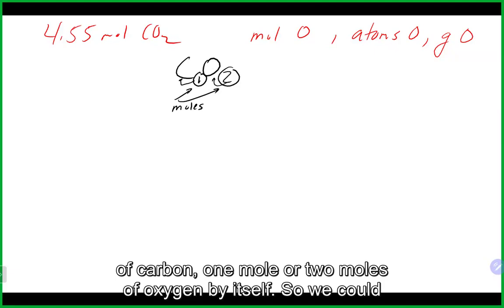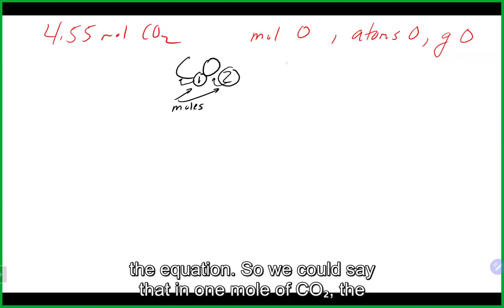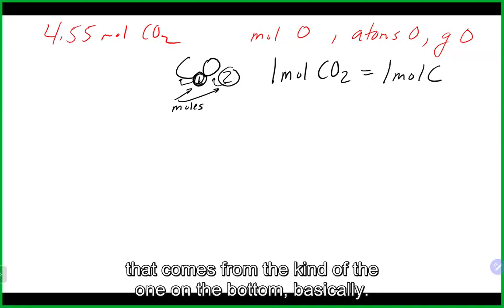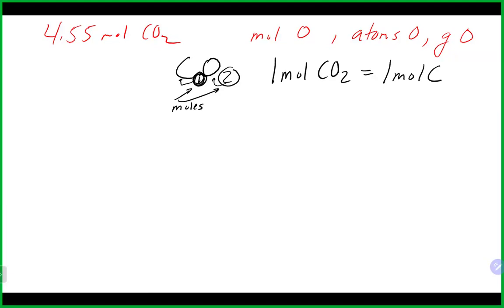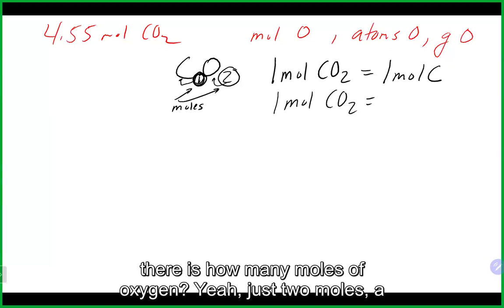We could get a mole to mole relationship just using the formula. We could say that in 1 mole of CO2, the entire thing, there would be just 1 mole of carbon. That comes from the one on the bottom. And we could also say in 1 mole of CO2, the entire thing, there is how many moles of oxygen?